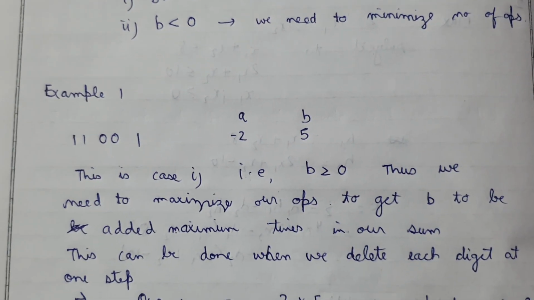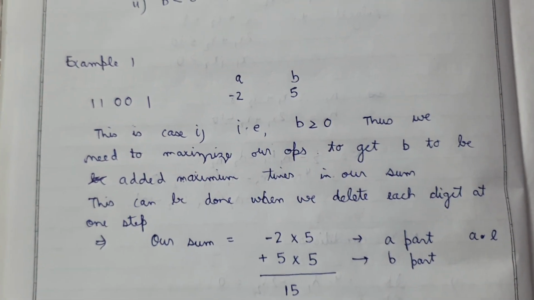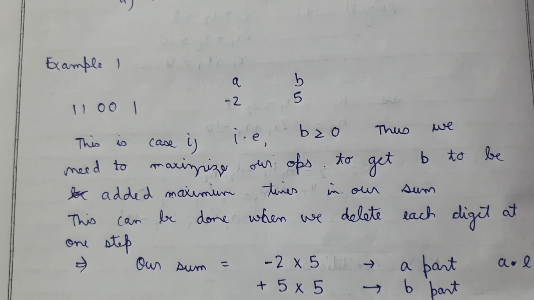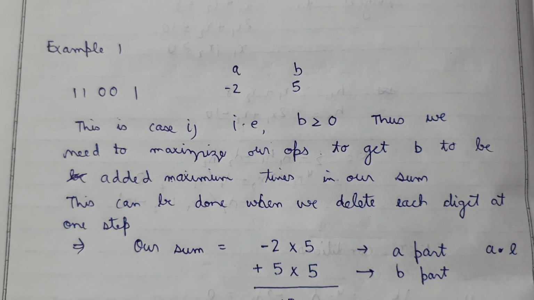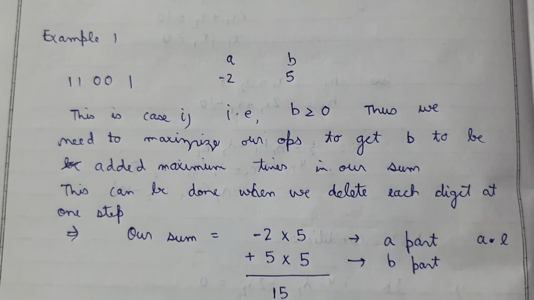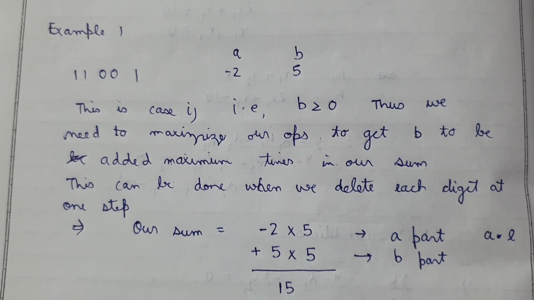So let's take the example that is given in our question. This string is given, 11001, and a is -2, b is 5. So this is an example of case 1, that is, when b is greater than or equal to 0. Thus we need to maximize our operations so that b is added more number of times in our sum.